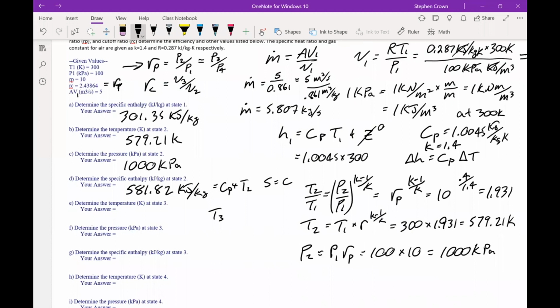And in that case, T2 is 579.21 times the strange number 2.43864. And I get 1418.84.